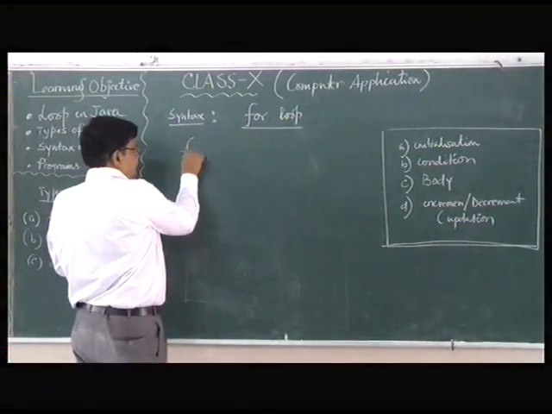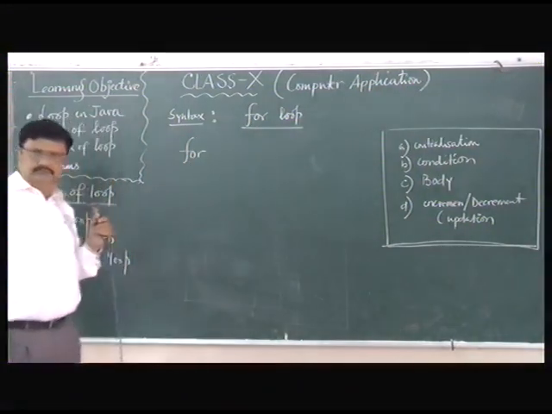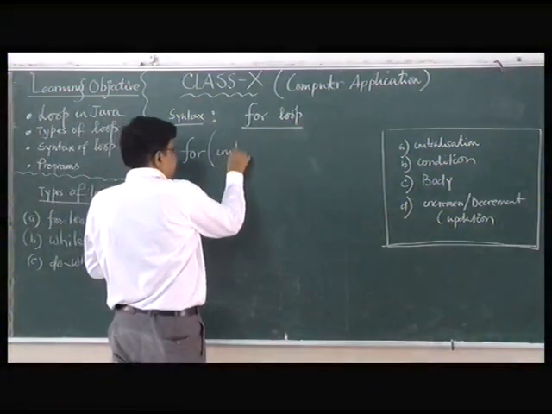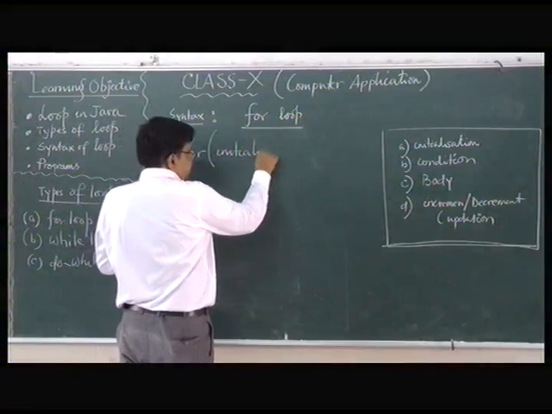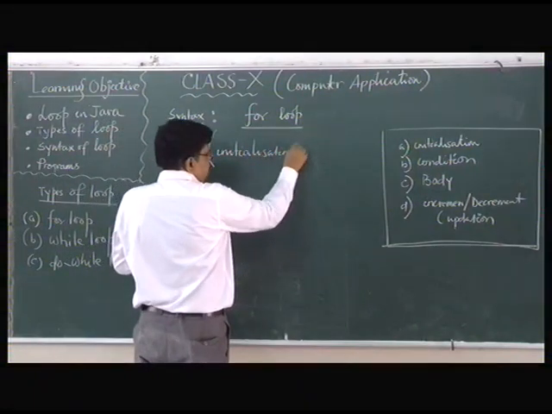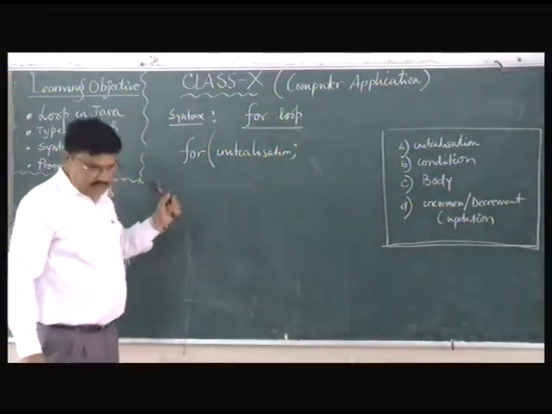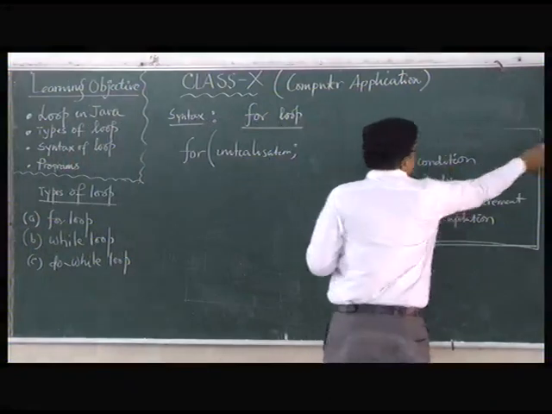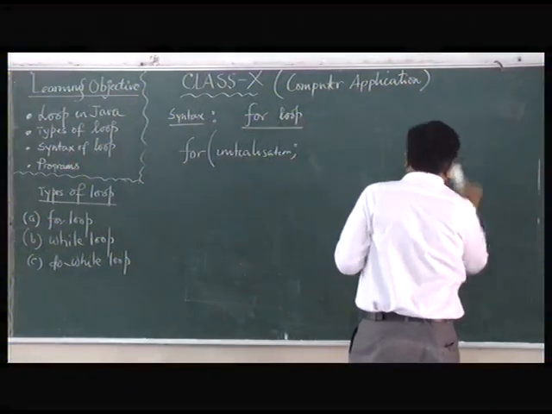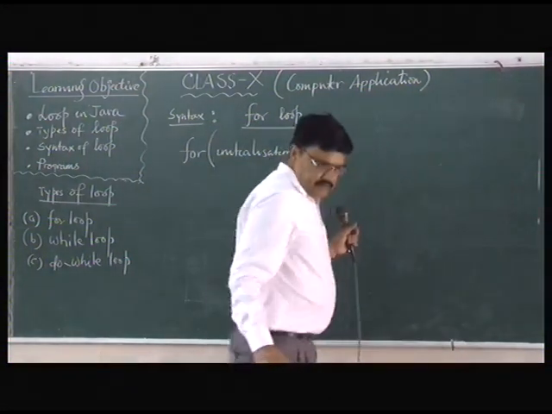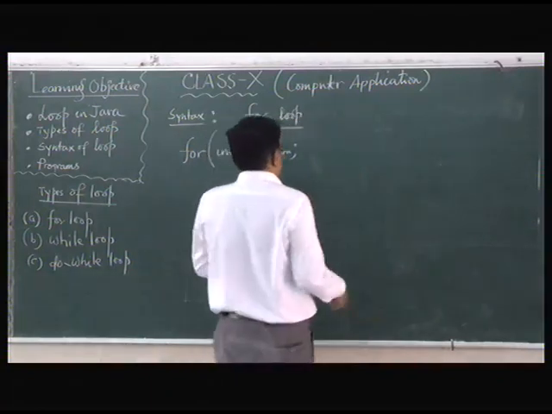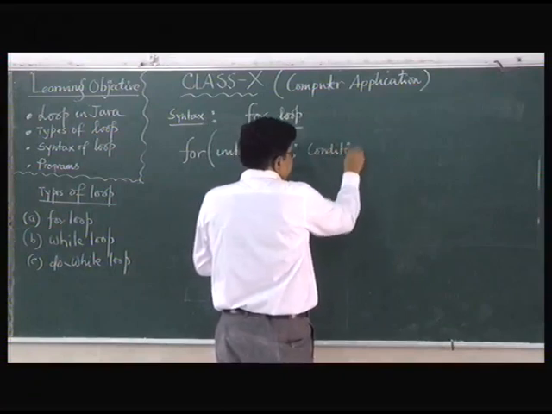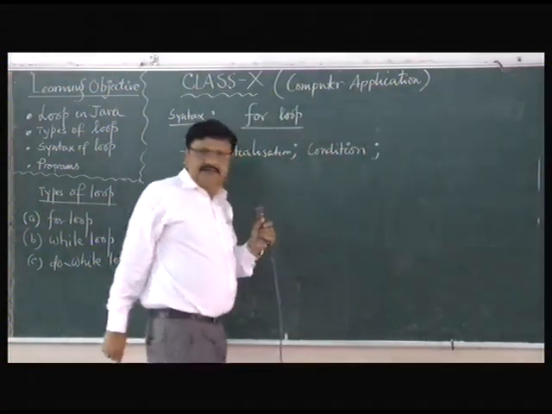We write for first, then we write the initialization, semicolon. All right. Initialization, then what is this one in the middle? Condition. Then after the condition, what is the last one?